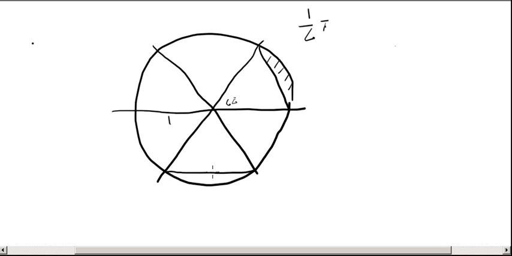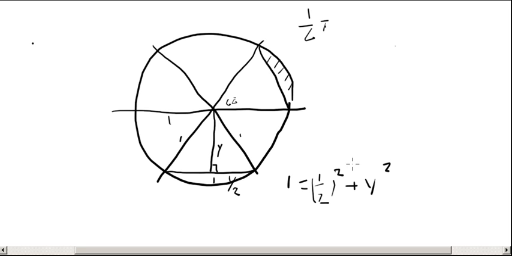Okay, and we know that this is an equilateral triangle. This is 1, this is 1, and this is 1. And so we need to know the perpendicular bisector. So this is a half, and this is a right angle here. So by the Pythagorean theorem, we know that 1 squared equals (1/2) squared plus, let's call this y, y squared.